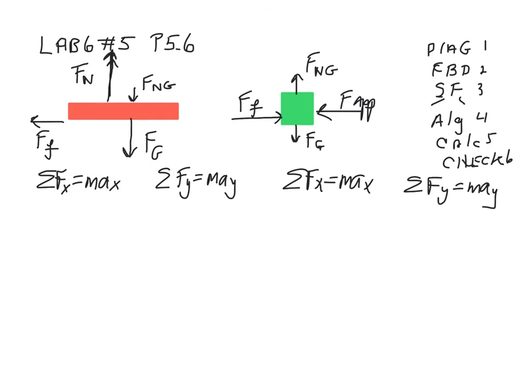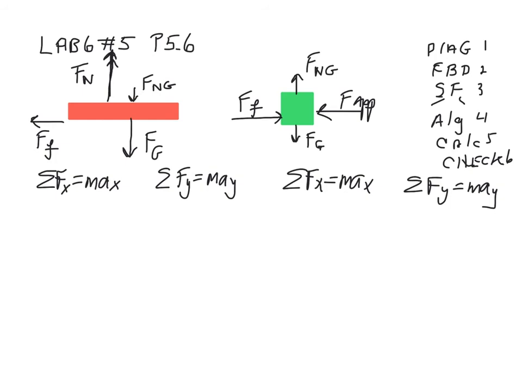Getting the free body diagrams correct is really important, right? Because when you do the sum of the forces, you're not going to get that right if you don't have the right forces. So for the red block, we have the force of gravity, mg. We have the normal force up, and we have the green block pressing down on the red block.